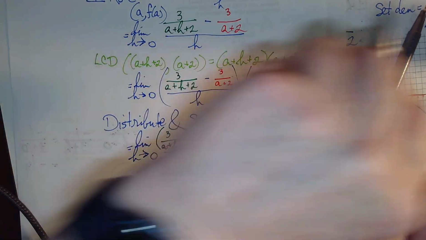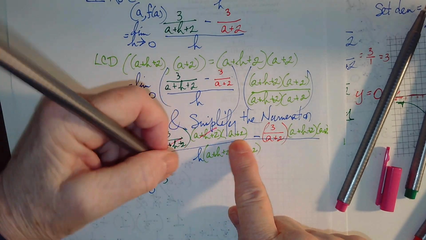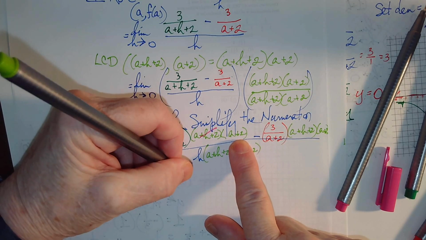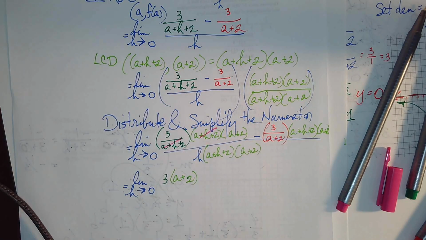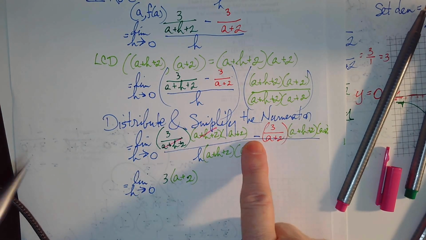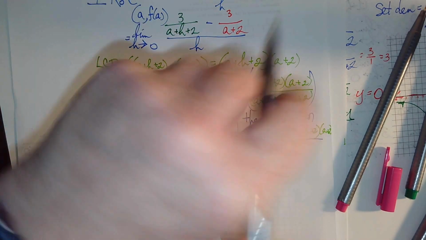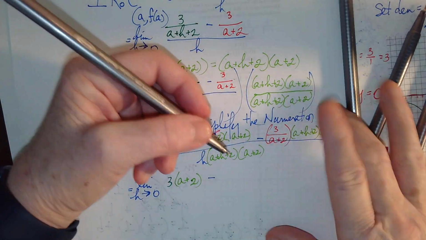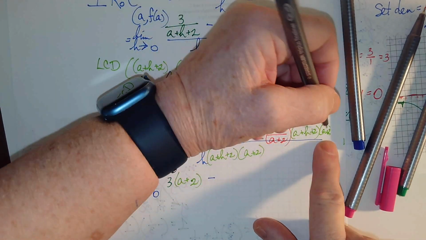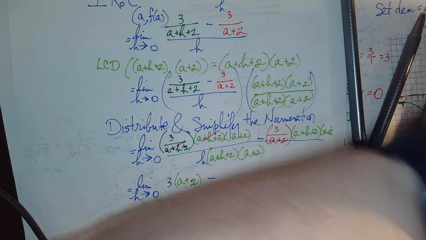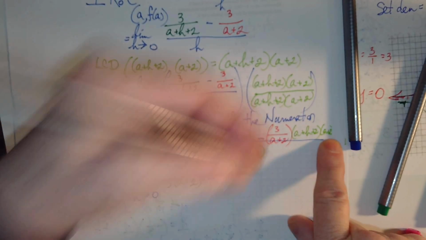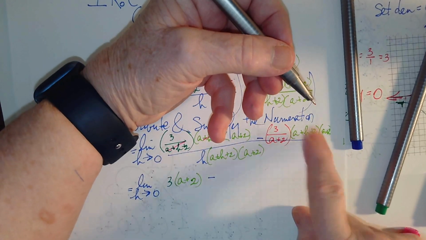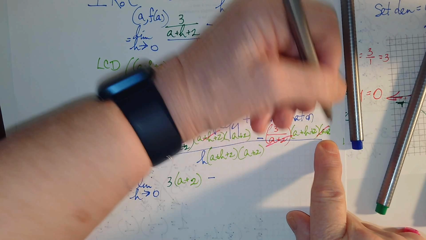So we are left with 3 times a plus 2, and then minus, we've got a plus h plus 2 and an a plus 2 that divide out.